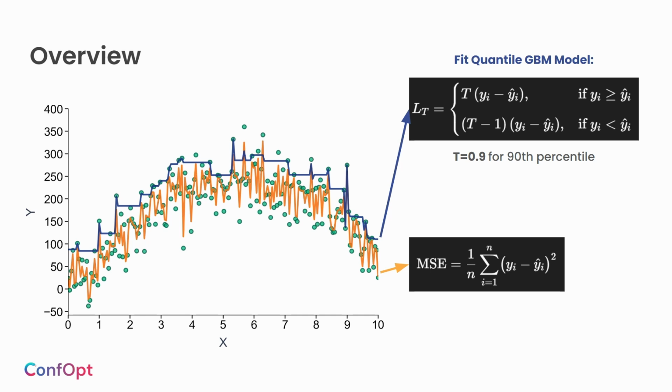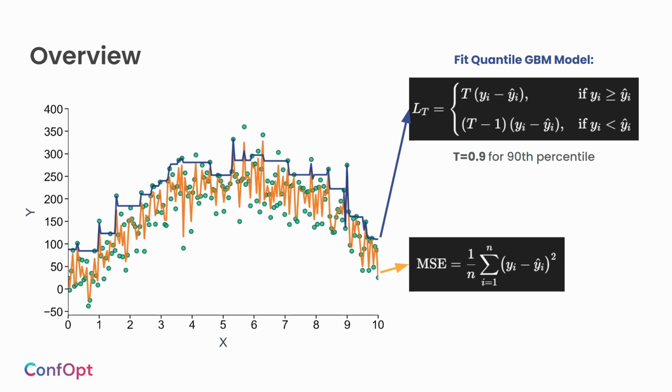Basically, if the true Y value is above or equal to the predicted value, then use the first row as the loss, otherwise use the second row as the loss. And without really getting into the weeds here, what you can see is that this is a really simple loss, meaning we still only need the same unknowns as the mean squared error.